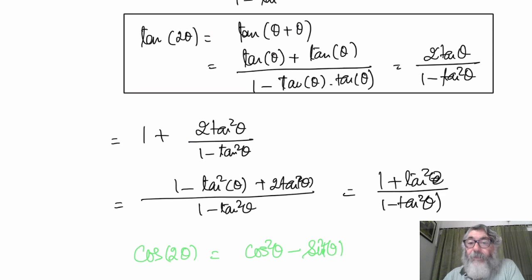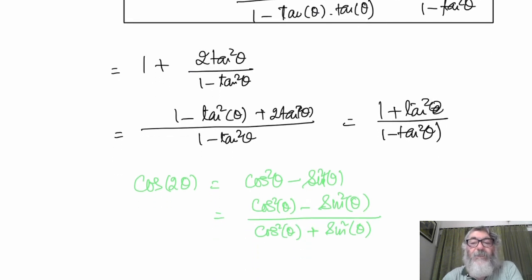Now how do we achieve this? We take cos square theta minus sin square theta, and in the denominator I'll write cos square theta plus sin square theta, which is actually 1. Now I'll divide numerator and denominator by cos square theta.